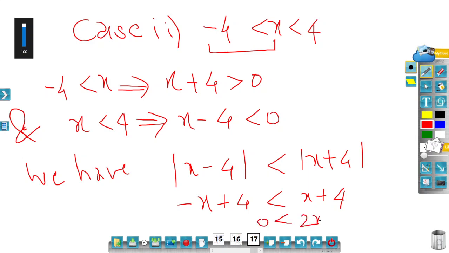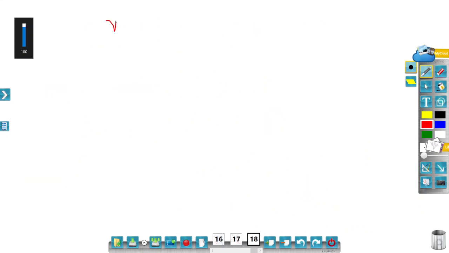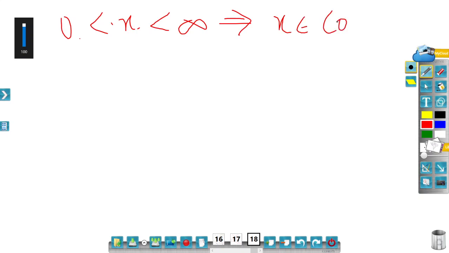So 2x is greater than 0, so this would imply x is greater than 0. So I got x greater than 0 in this interval. Let me write it in a better way: x is greater than 0, and of course it is less than infinity. That means x lies in the open interval 0 comma infinity.